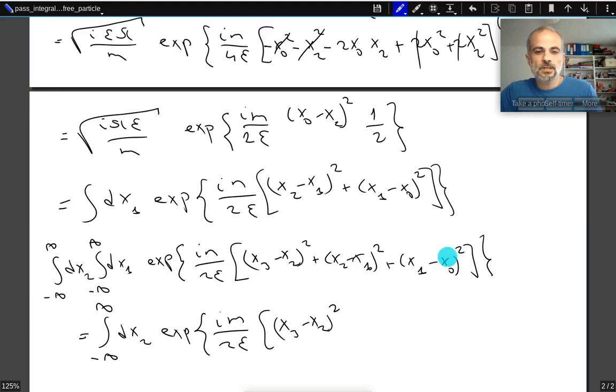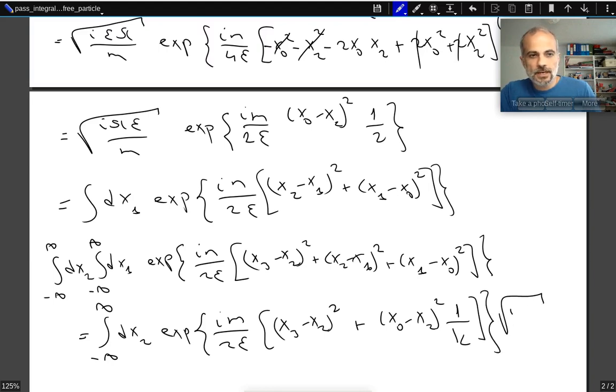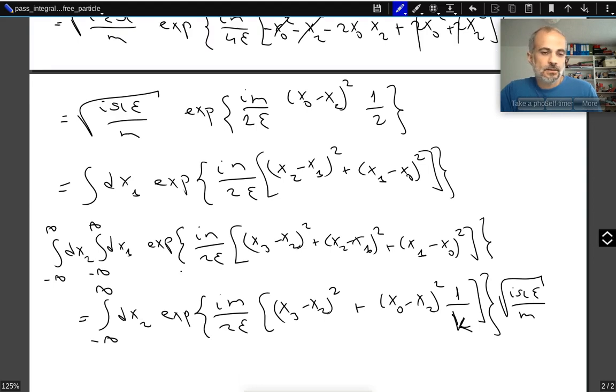And then we have the remaining terms, the result of the x1 integral that we had evaluated, and it is basically x0 minus x2 squared with 1 over 2. Well, instead of that 2, let me just write k. And there's an i pi epsilon over m factor. Now we will see why we have this k over here in a moment. And of course in this integral, this should be evaluated when k is actually equal to 2.